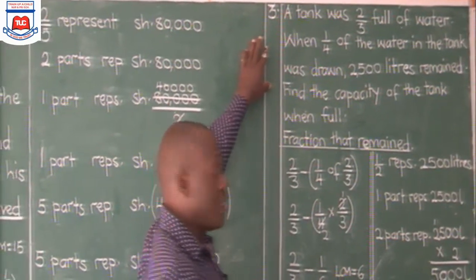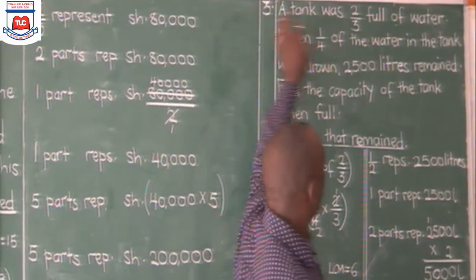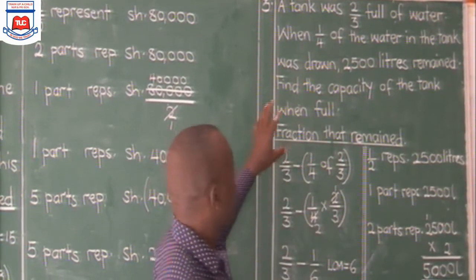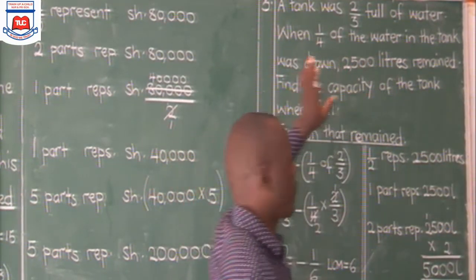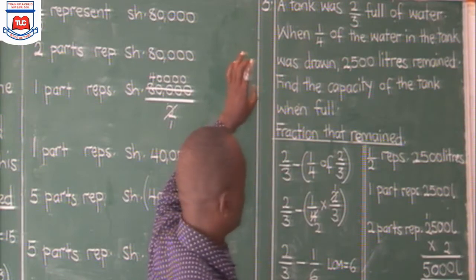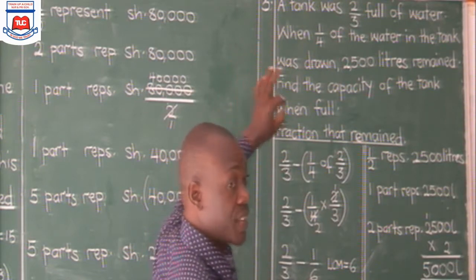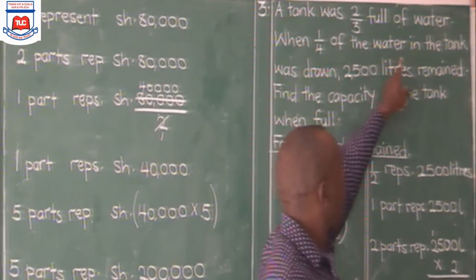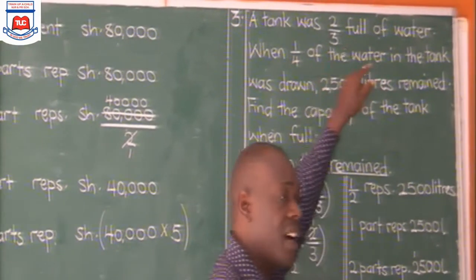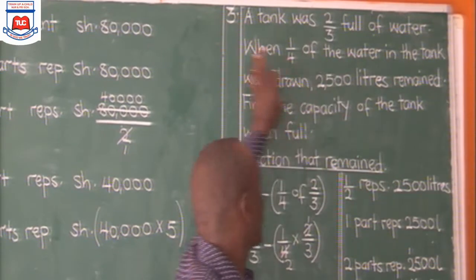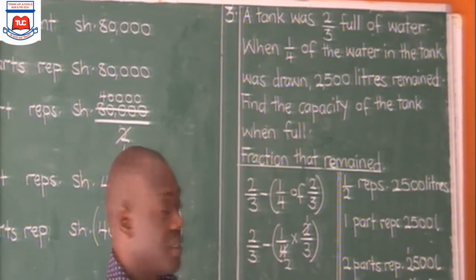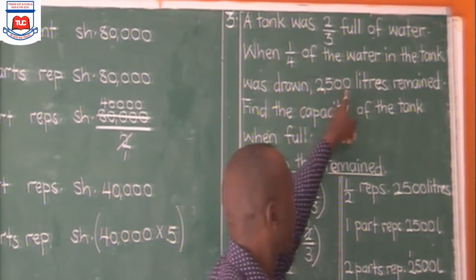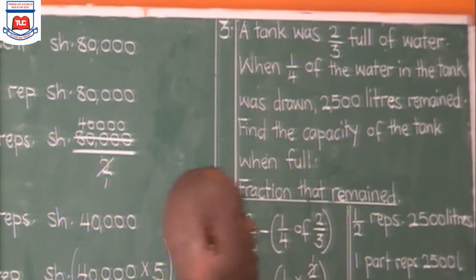Example number 3 reads, a tank was 2/3 full of water. Was it full? No, it was just 2/3 full of water. When a quarter of the water in the tank was drawn, 2,500 liters remained.